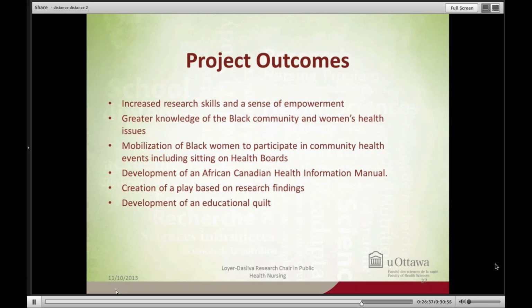It traveled around the province to different offices, and that quilt is currently being displayed at the university in the Department of Social Work. It was really interesting to see the innovative ideas these women came up with in terms of the knowledge translation piece of our study.